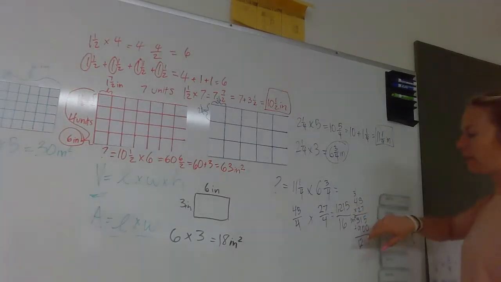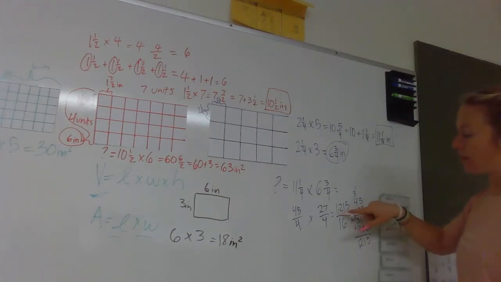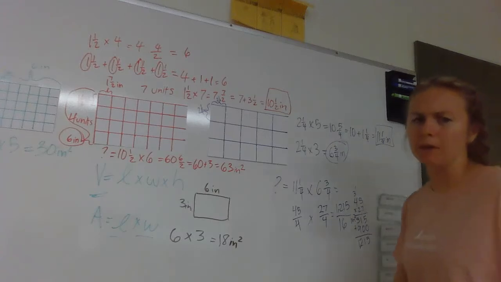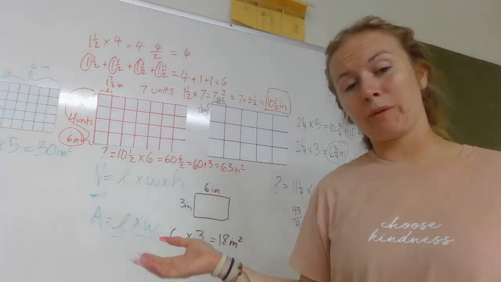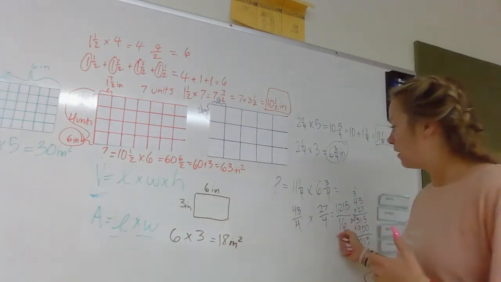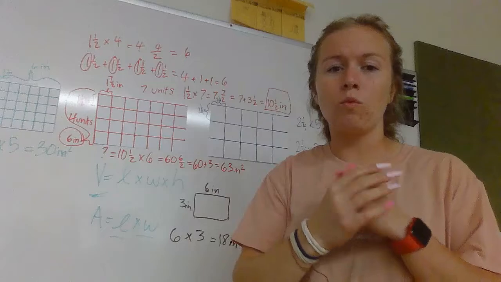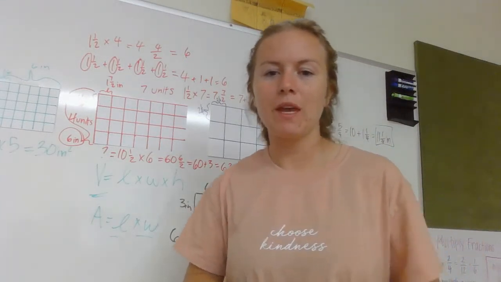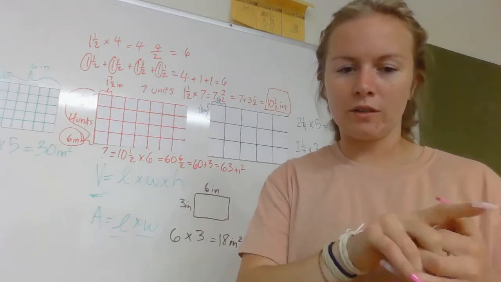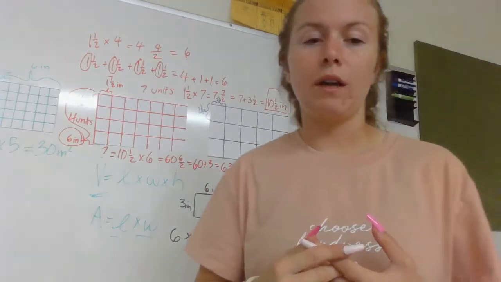Or the other thing that I could do is divide 1,215 by 16 and come up with a decimal. But that's not what we're working with. We're working with fractions. So these are several examples of what the next thing we're going to do with our information. I'm going to tell you guys exactly what you need to do in your work.